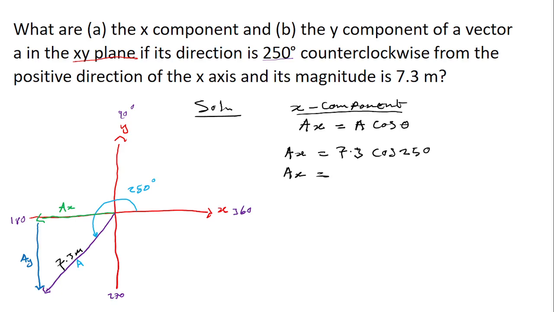7.3 cos 250. What are you guys getting? I can't get you, yellow. It's negative 2.49.